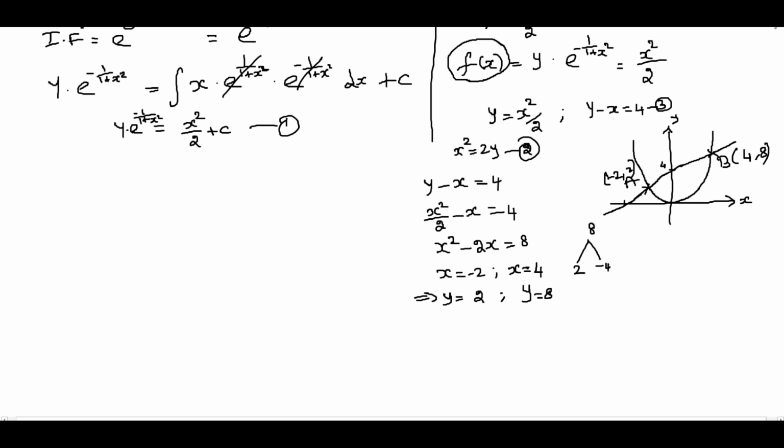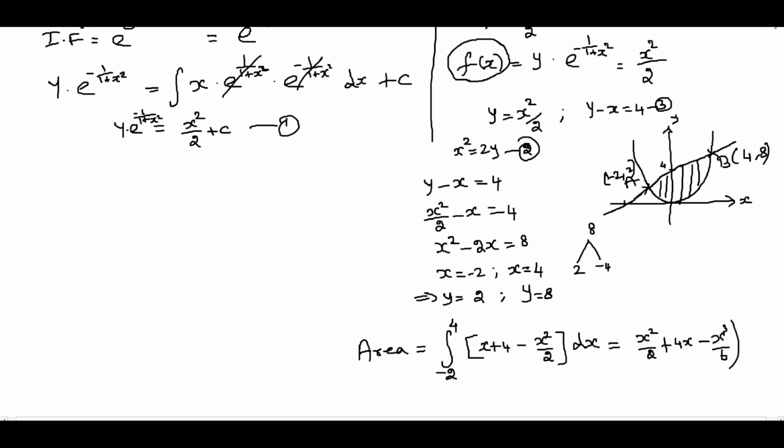Now, for the area of the region, the upper curve is the line and the lower curve is the parabola. So the area of the bounded region equals the integral, with x limits from minus 2 to 4, of the upper curve y equal to x plus 4 minus the lower curve x square by 2, into dx. Which is equal to x square by 2 plus 4x minus x cube by 6, from minus 2 to 4.